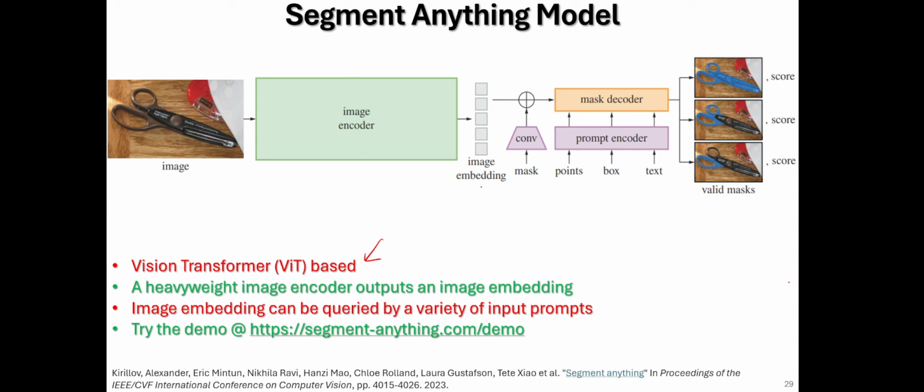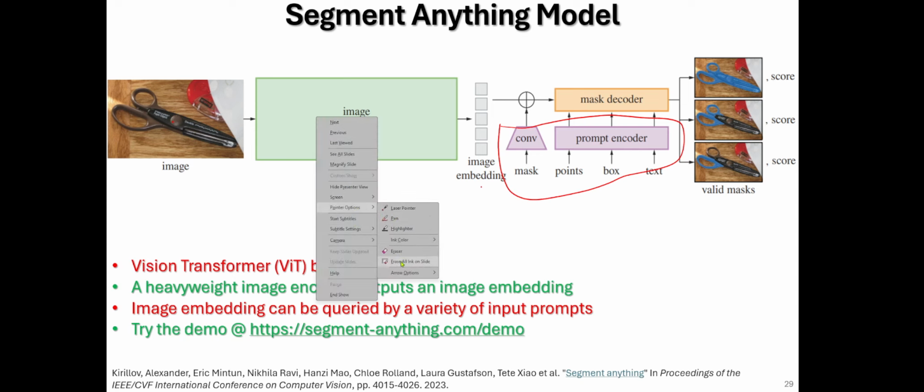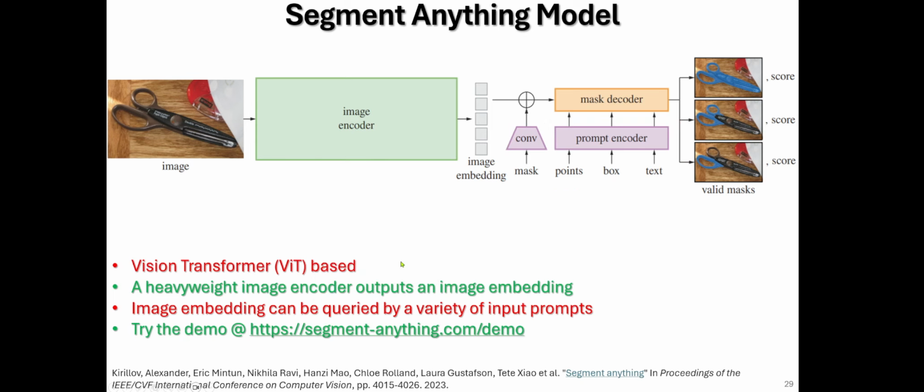There's no difference. But the major thing they added is you can actually do a lot of prompting. You can give a bounding box or mask or text or point. So let's say I click on this point, it can segment. Okay, so you can segment the entire scissors out. So that is the important aspect. There is a user interface to the segmentation task now, and that is the way they have designed it.